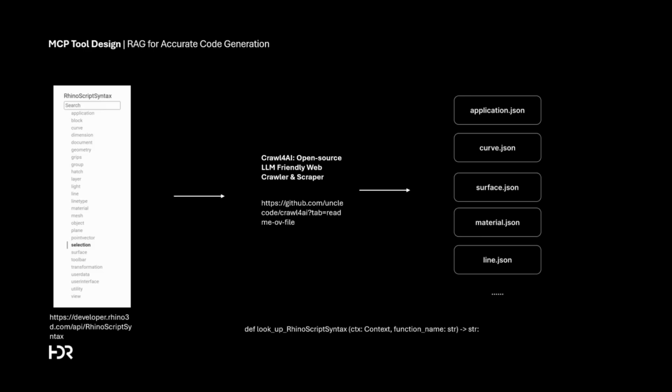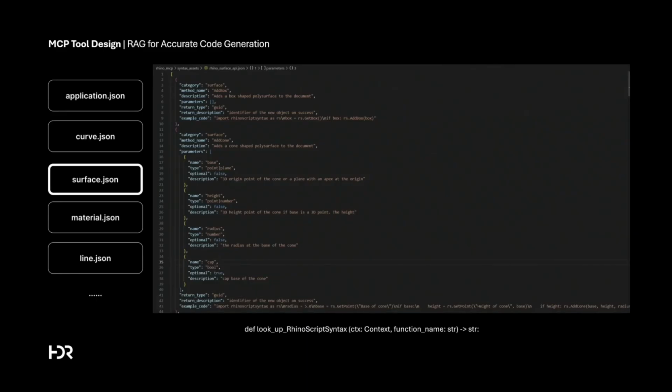So we are building a small RAG system. We get the documentation from the official website of the Rhino syntax, and we use Crawl4AI to convert the data into different kinds of JSON files.